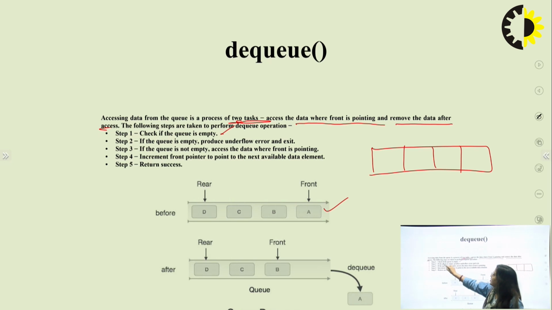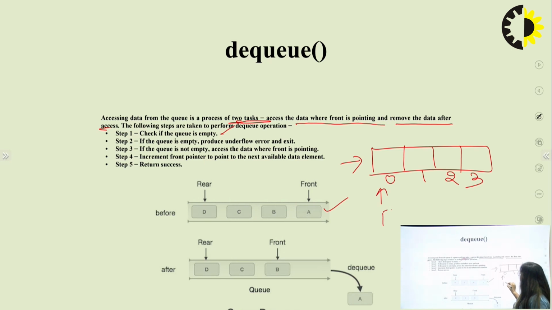So firstly check if the queue is empty. According to this, the queue is not empty. And if the queue is empty, then produce the underflow condition. In this case indexing is 0, 1, 2, 3, and F and R both are equal to -1.